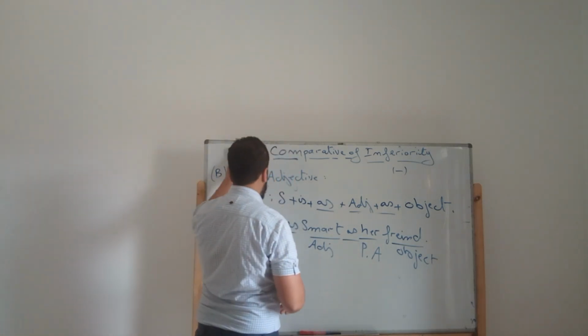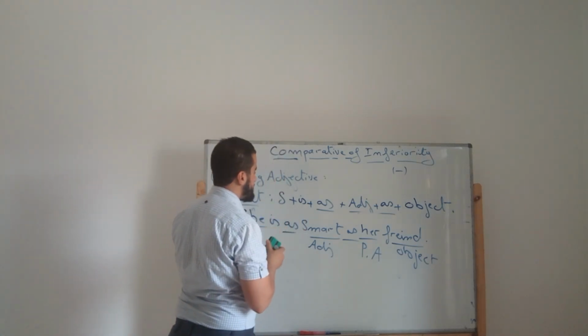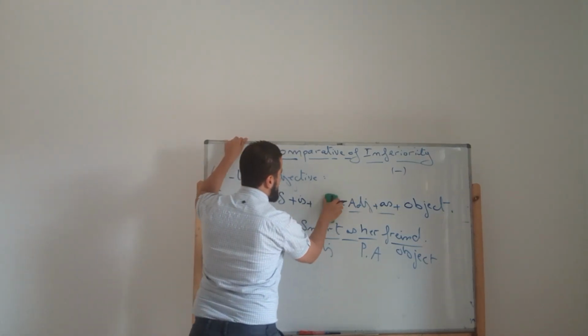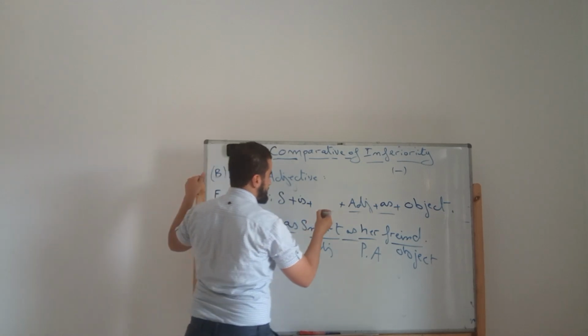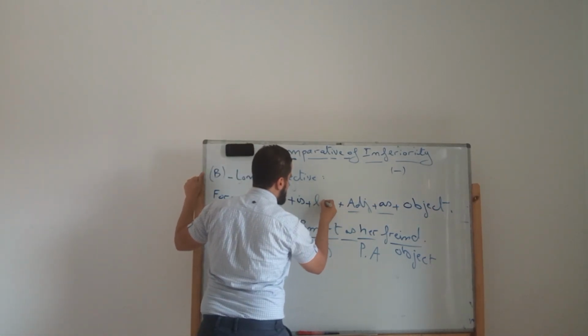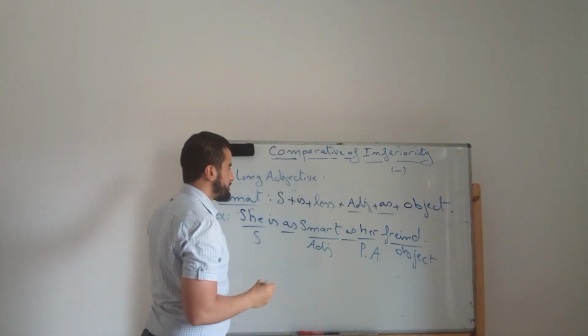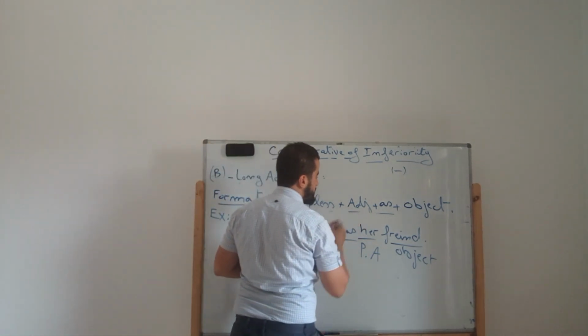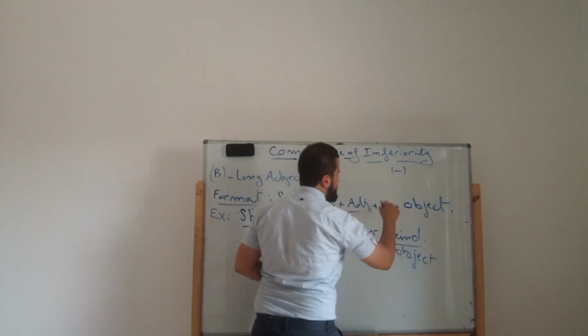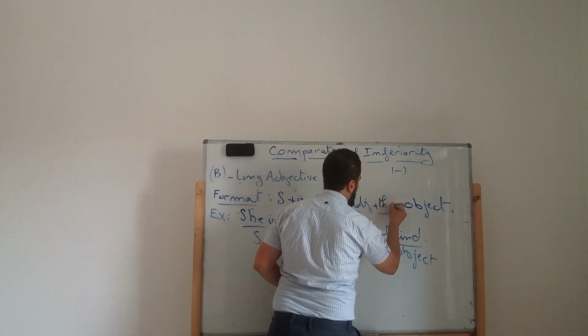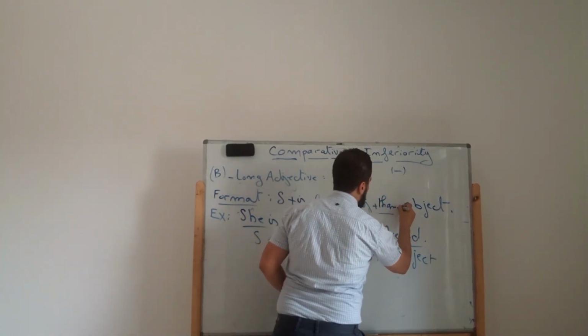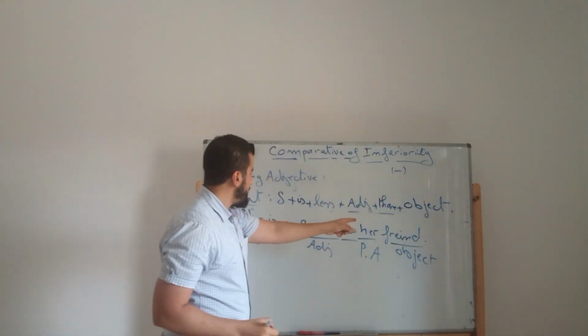So we say subject is, we omit as, we say less, right? And then we use the adjective, and we use another word, which is than.